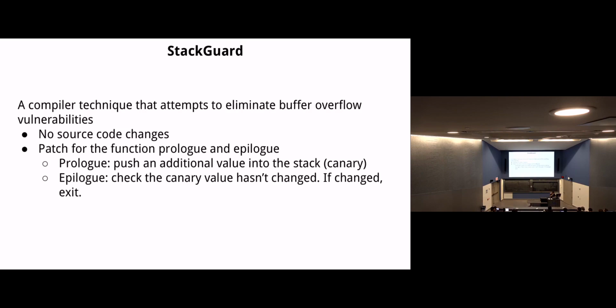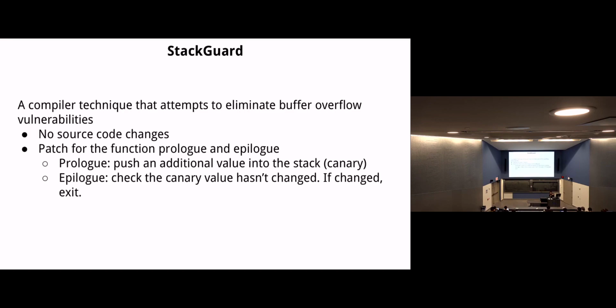Similar to the shadow stack approach, in this approach the compiler will automatically patch the function prologue and epilogue. In the prologue, the code will simply push an additional random value to the stack. So we push a random value between the saved EBP and local variables.